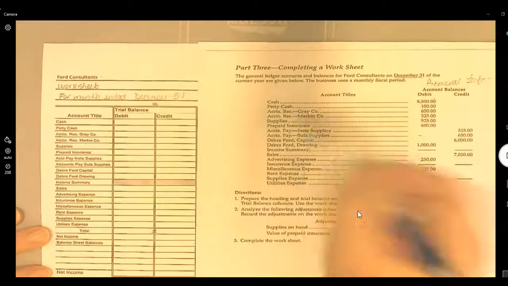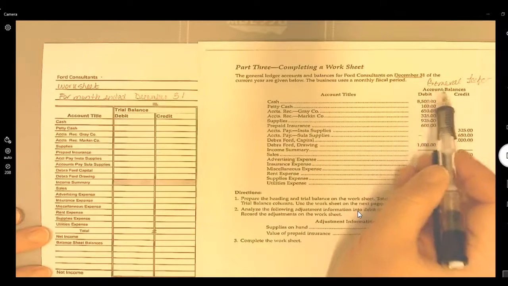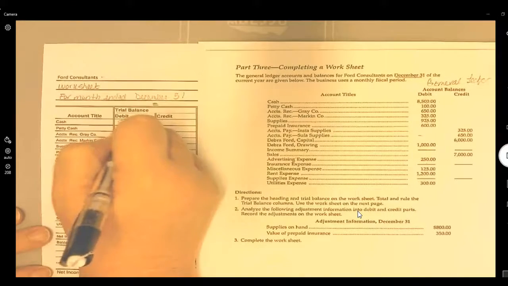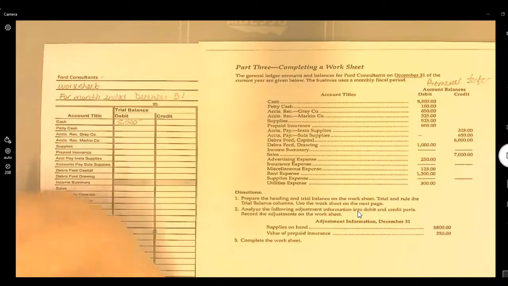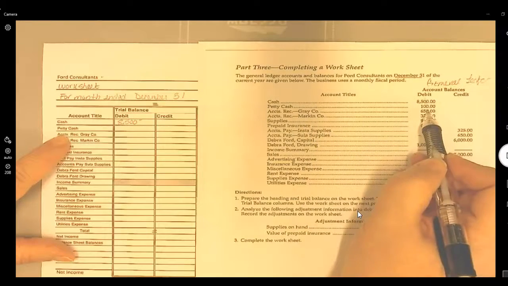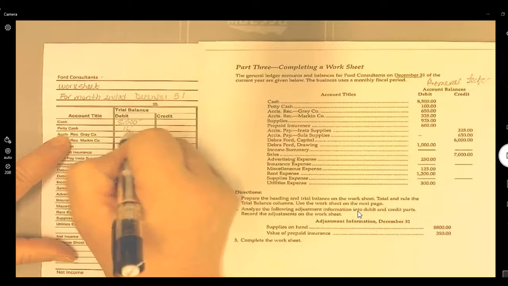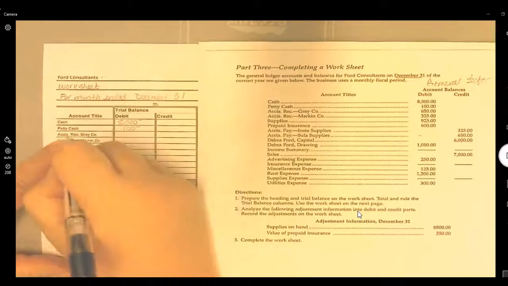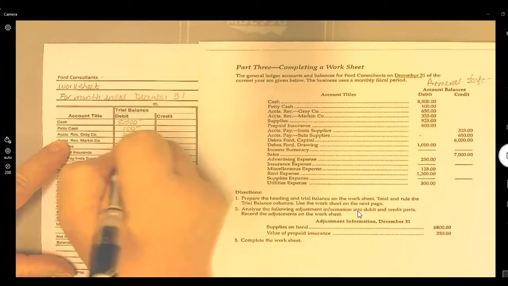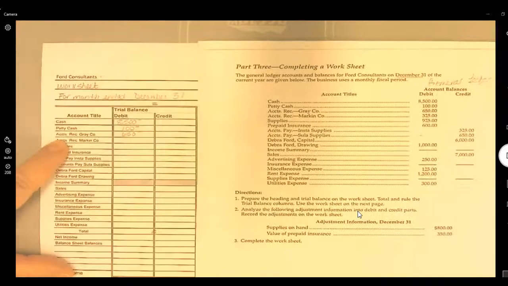So we look at cash. The ending general ledger account balance for cash was an $8,500 debit. You will write that there. Then you look next, petty cash. You record that $100 in the petty cash box. Accounts receivable Gray Company, $650 gets recorded here.